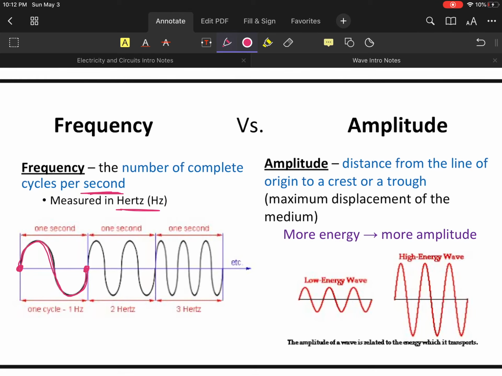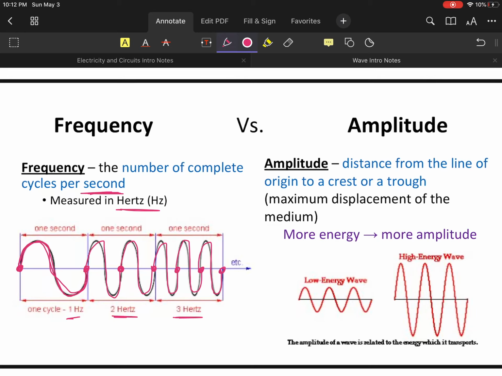So I start in the middle, and I want it to go up and down. Okay, and back to the middle. So that's one wave, 1 hertz. 2 waves, right? So there I have 2 waves, 2 hertz. Next I have 1 wave, 2 waves, 3 waves, 3 hertz. Okay.